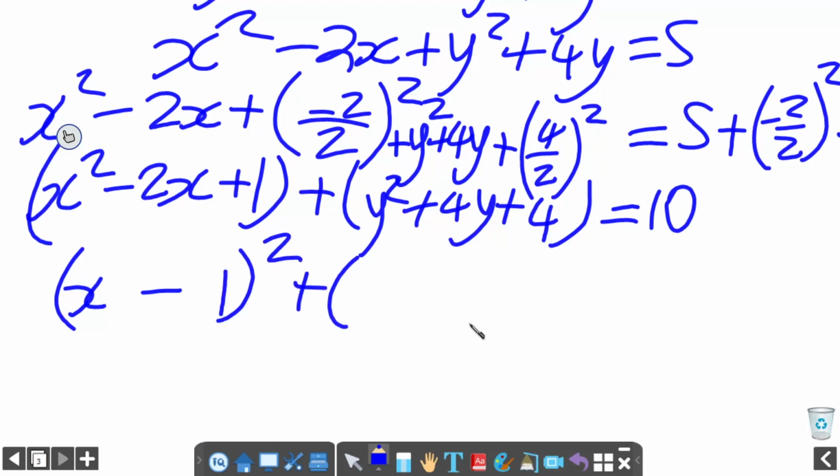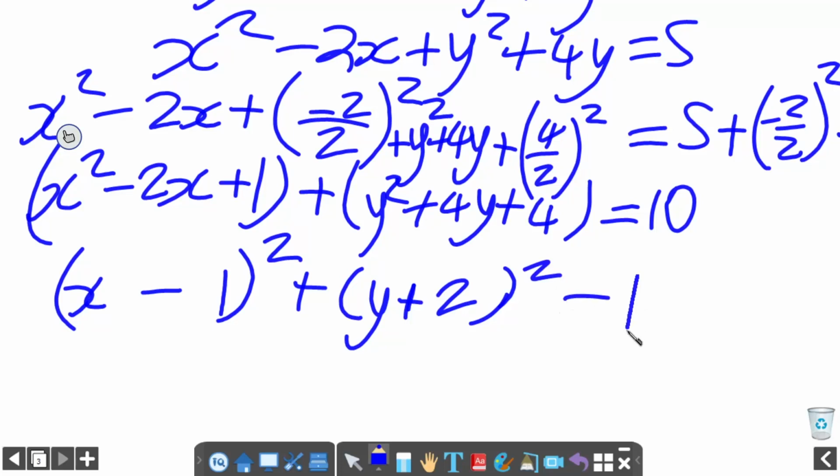Let's have someone help us with this one now. Which is y, plus, good, squared is equals to 10.